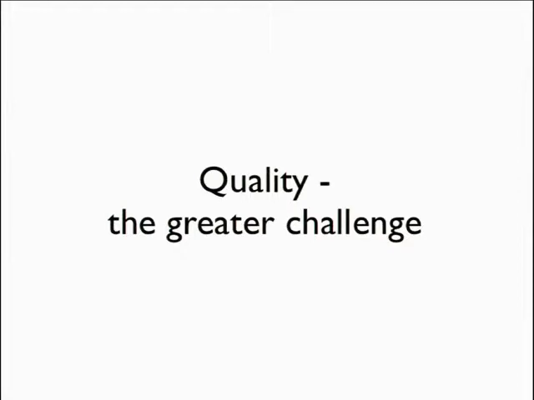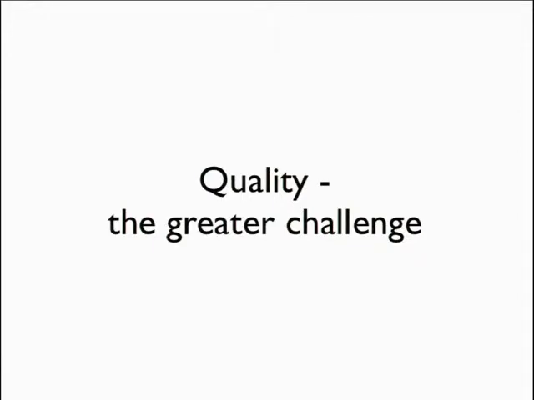In general, I believe I have a very strong bias towards thinking that quality is the greater challenge. You can talk about quality of the data, and you can also talk about the quality of the instrumentation or the project or the science, of course. And how can you evaluate whether the quality of the TA was good or not?